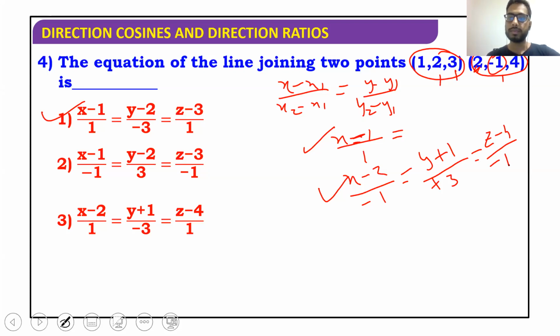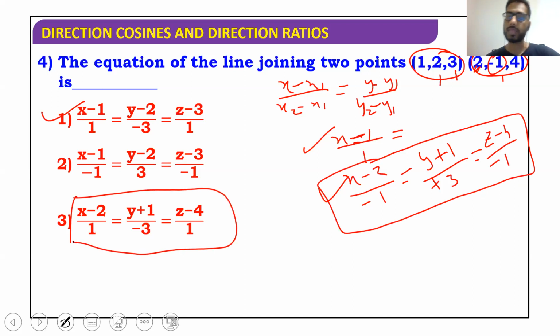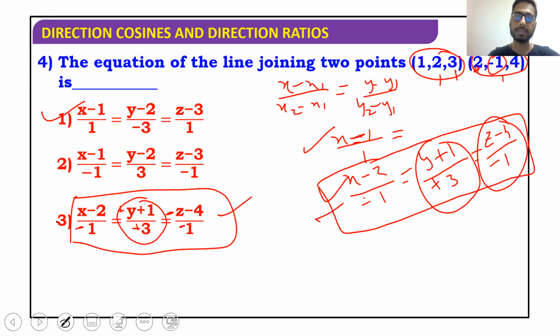Now observe this equation of line and this equation of line. There is a difference of a minus sign throughout in these ratios. If I multiply by a minus sign, minus into minus would be plus, which gives me this term. If I multiply by minus and that minus is given to the denominator, I get this term. So it looks different because it is multiplied throughout by a minus sign.